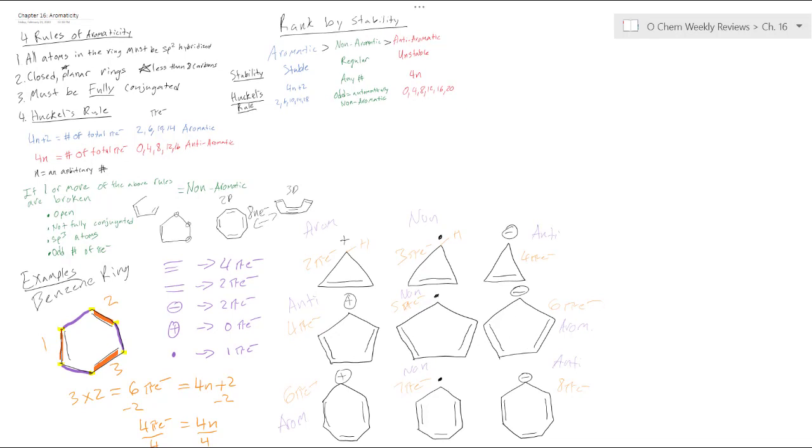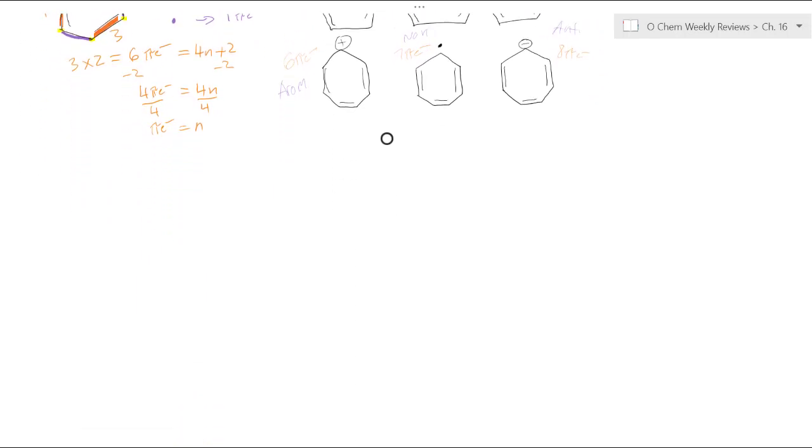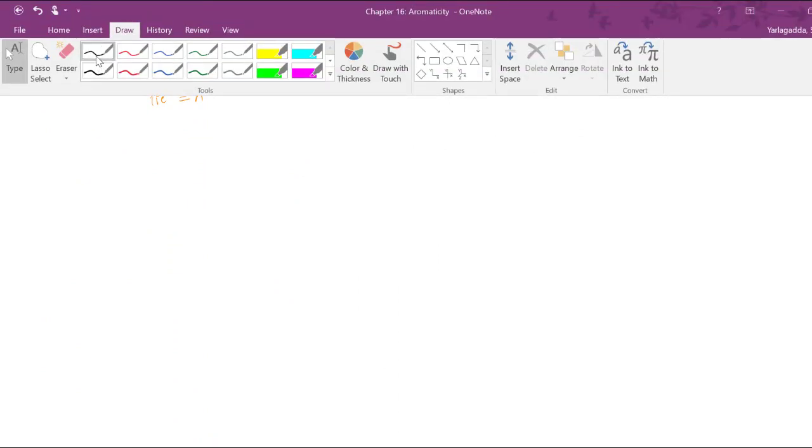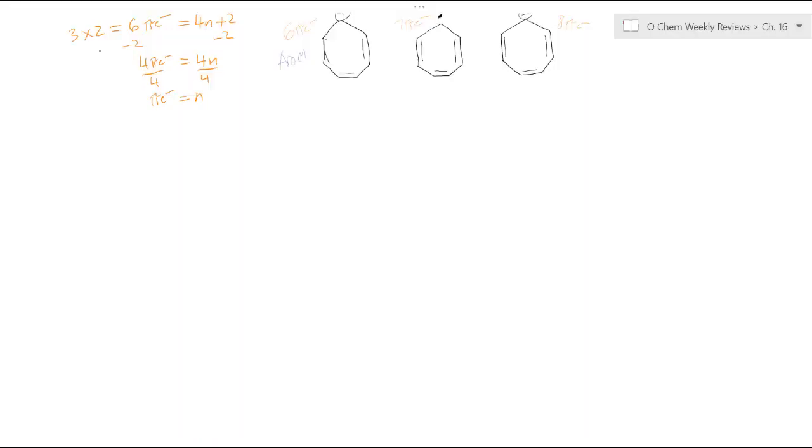Alright, so we have a few more cases to talk about, such as the oxygen. Let me use a thicker brush. Okay. So the oxygen with 2 double bonds and 2 lone pairs.